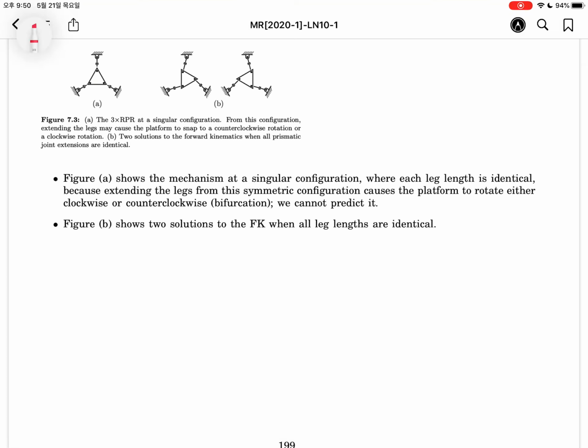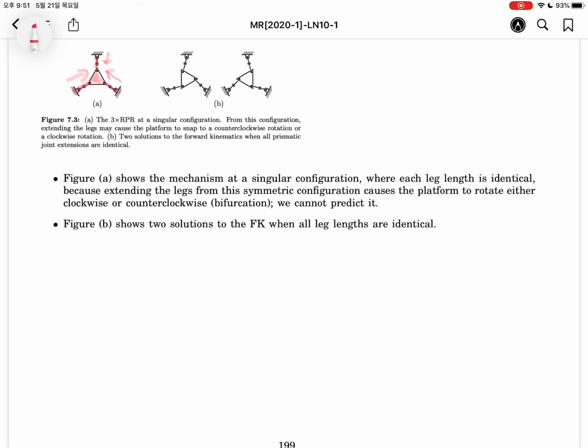One more, we will deal with a simple case of singularity. Okay, every leg has the same length. The lengths are identical to each other. At the time, if you apply a linear force here, here, and here, maybe this moving plate can rotate to the left side or right side, clockwise or counterclockwise.